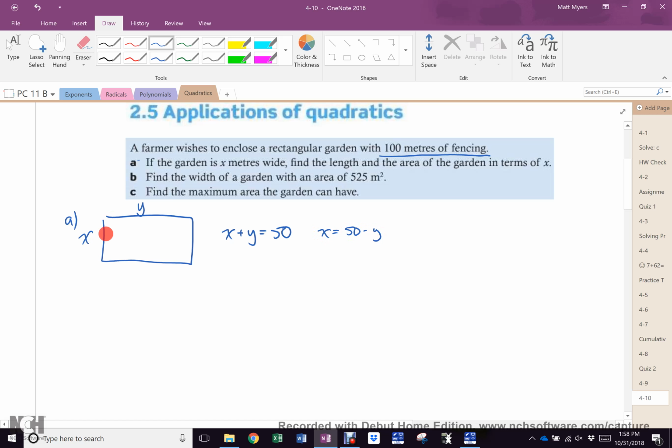And the area of the garden is X times Y, isn't it? But what is Y? Or what is X, I mean? 50 minus Y. So the area of the garden is really 50 minus Y times Y to equal the area. Does everyone agree?